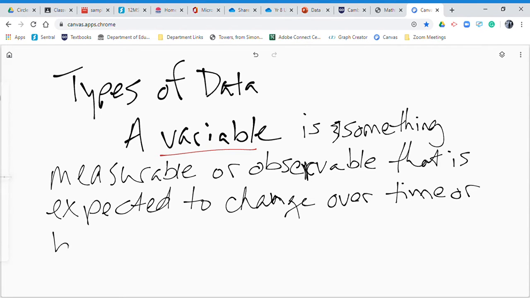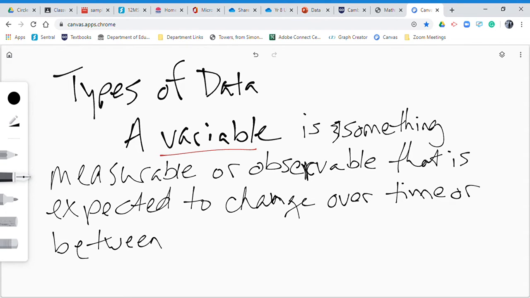You can also look at it as changing over time or between observations. Sorry, I just had a spelling moment there. This so far matches pretty clearly the definition of variables if you're talking about variables for scientific inquiry in your science classes.